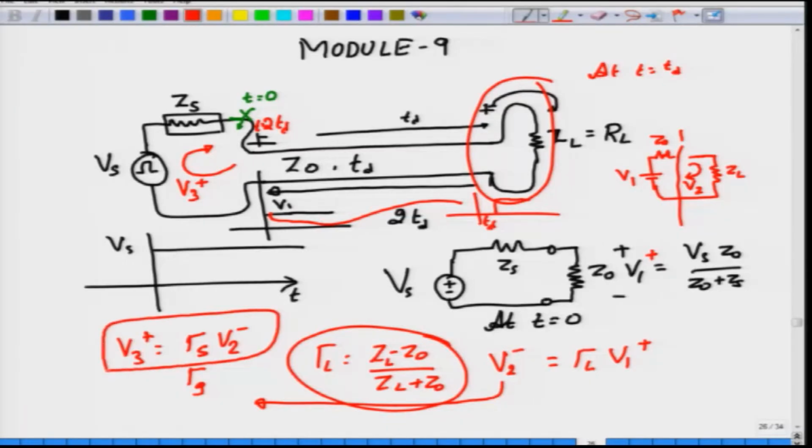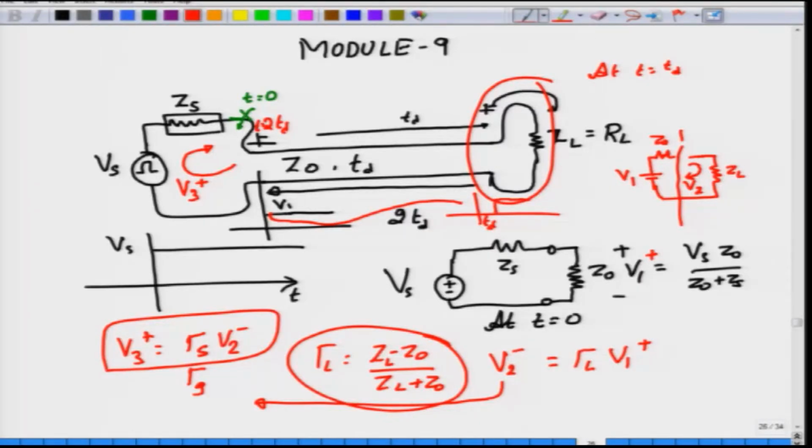Because gamma S and gamma L are usually less than 1, the amplitude V3 plus is usually smaller than the incident voltage. In some special cases it would be larger, but we will see what the special case is later on. So, V3 plus travels, generates V4 minus, then V5 plus, and so on. It continues in this manner until you are tired of tracking these voltages.